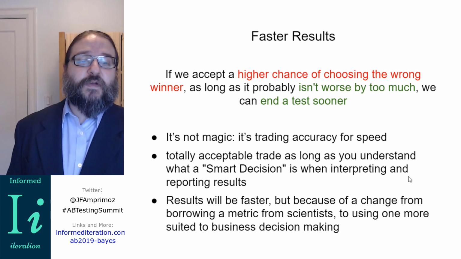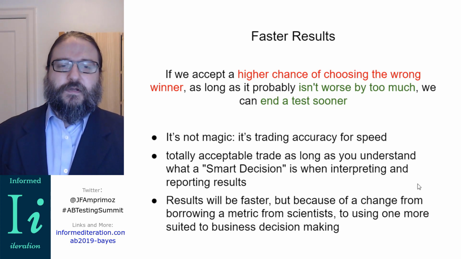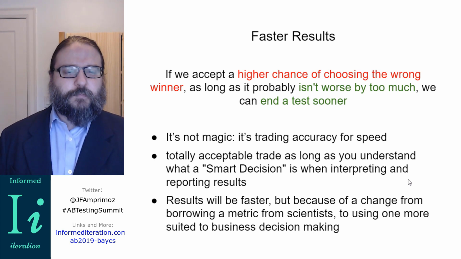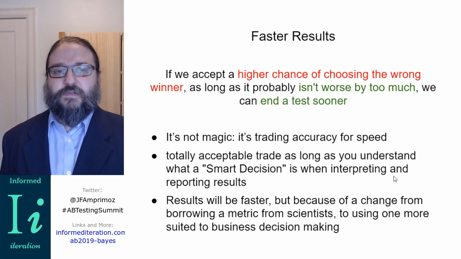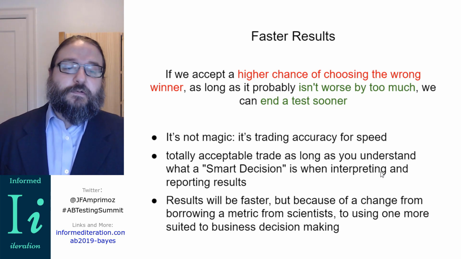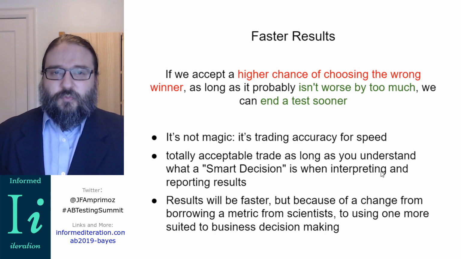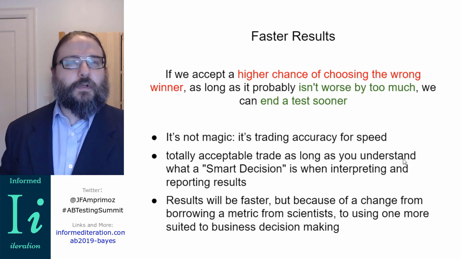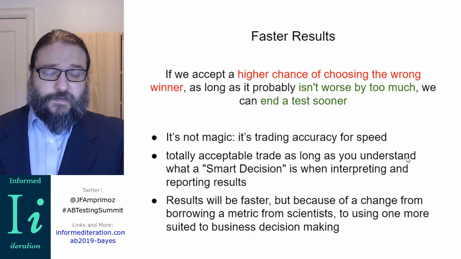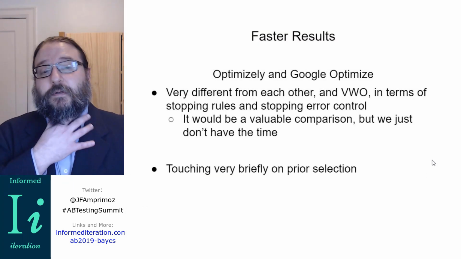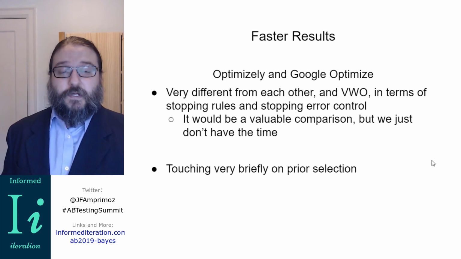The results here are faster because of a metrics change, essentially, which data people should find pretty recognizable, because we've gone from using a p-value or a probability on its own to using a metric that's more suited to a business decision: we're willing to get it wrong as long as it's not going to cost us a fortune, or as long as the cost of getting it wrong is less than the cost of just moving ahead.